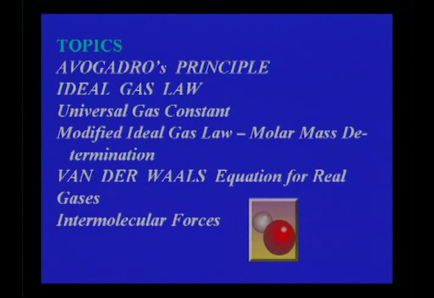It is needed because of the intermolecular forces involved between the so-called real gases. So there is no minimum of force between the individual particles. We're back into the real world with the van der Waals equation.